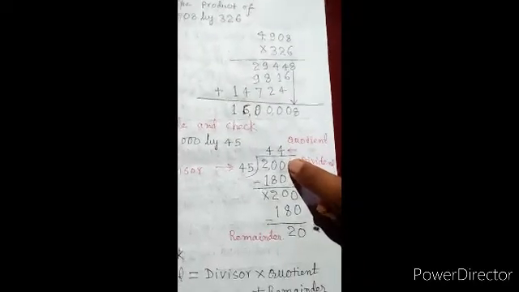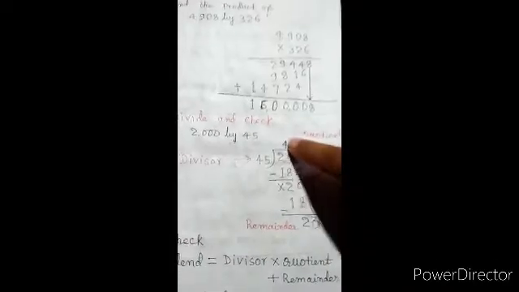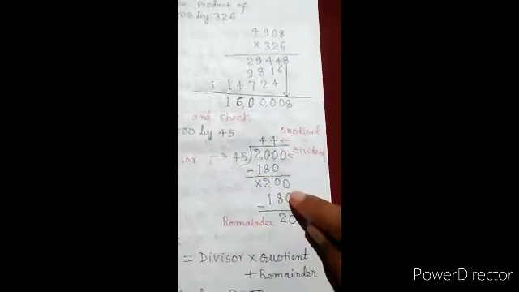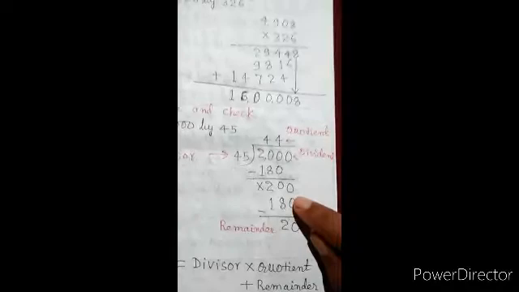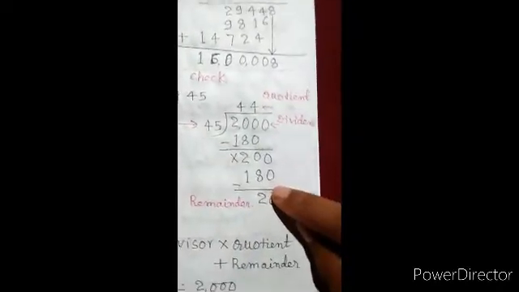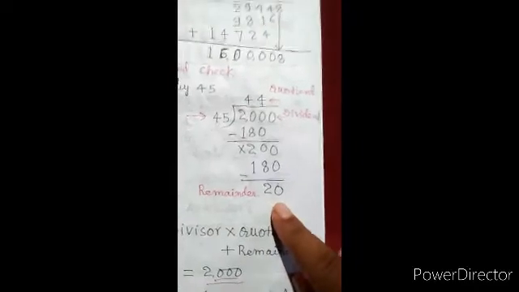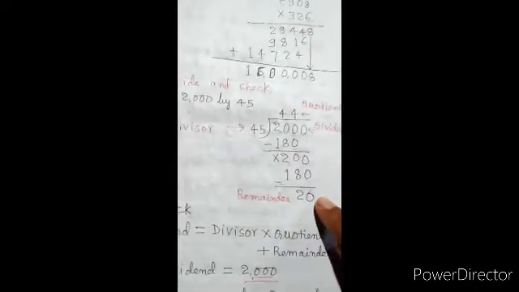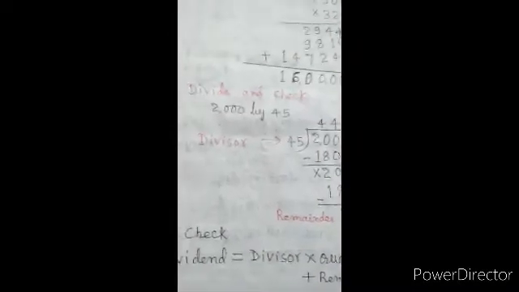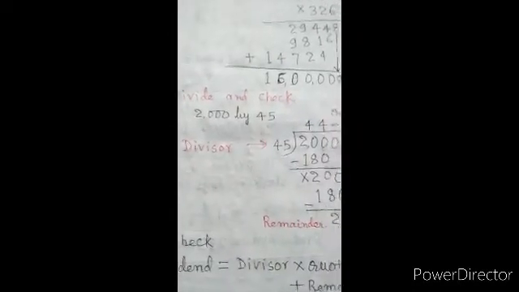Put 4 here, and subtract, that is 20. In this way we have 200. Again multiply it by 4, we have 180. Now subtract, finally we get 20, and this 20 is the remainder, which is less than this divisor 45. The remainder must be less than the divisor.